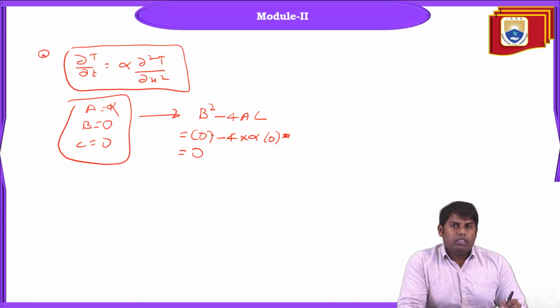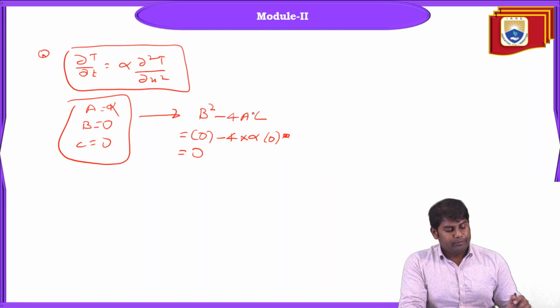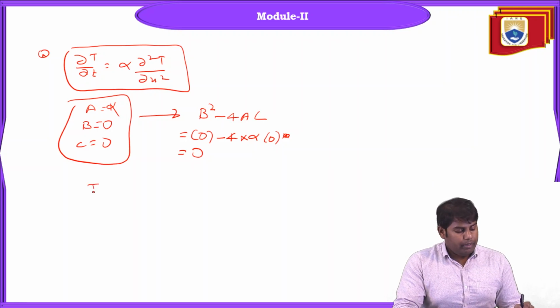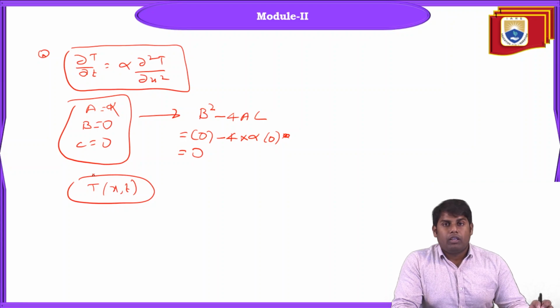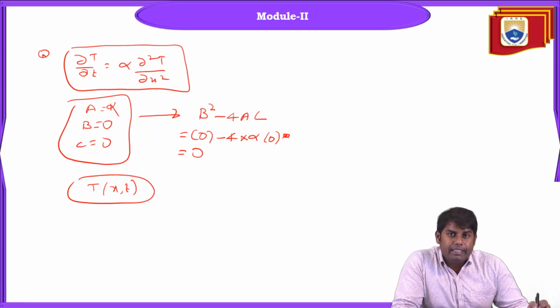Now, what is the significance of the parabolic nature? The temperature T is a function of the space coordinate and the time coordinate. So initialization is very important in the case of a parabolic problem. It is called an initial value problem.